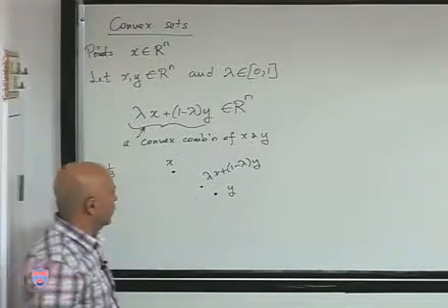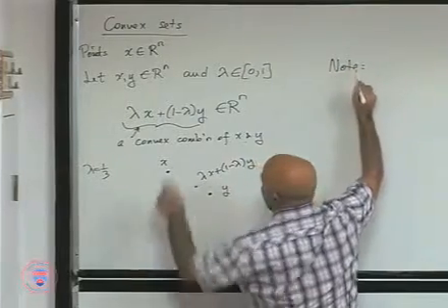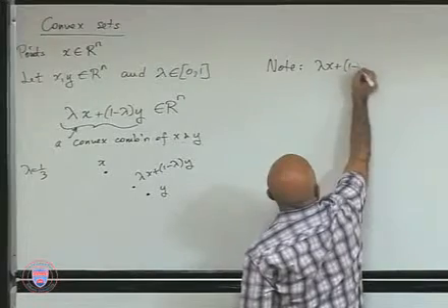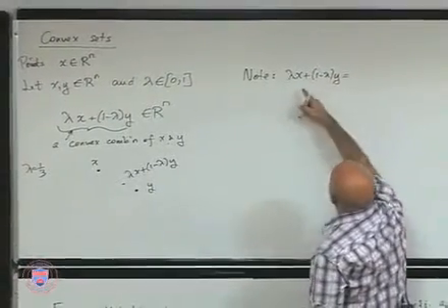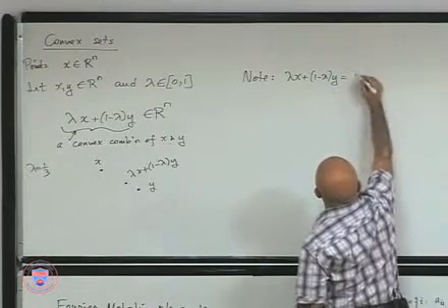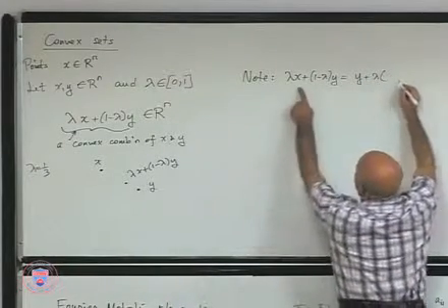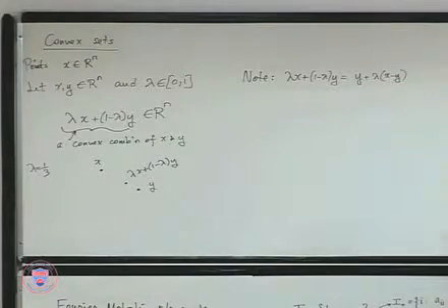Why is it 1/3? Because you can also think of a convex combination in the following way. Lambda x plus 1 minus lambda y is the same thing as lambda into, so what is this? y plus lambda into x minus y. You may think of it this way.